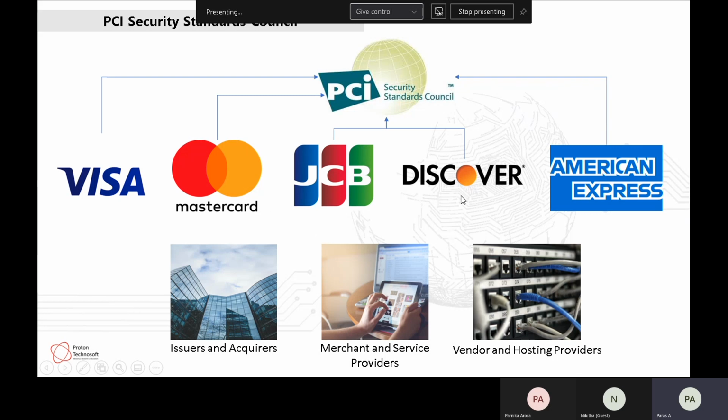Now, so these were the payment brands. This is the council. Then come the payment brands. And then these payment brands and the council were working along with issuers, acquirers, merchants, service providers, vendors, and the hosting providers as well. Now, who are issuers?